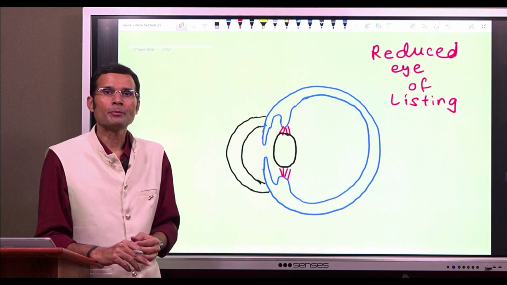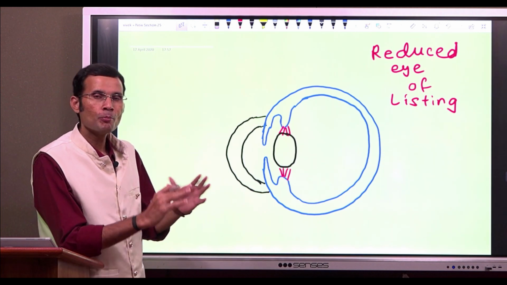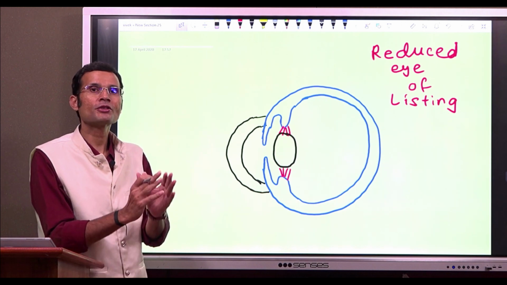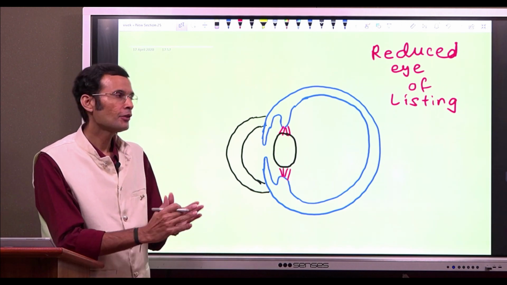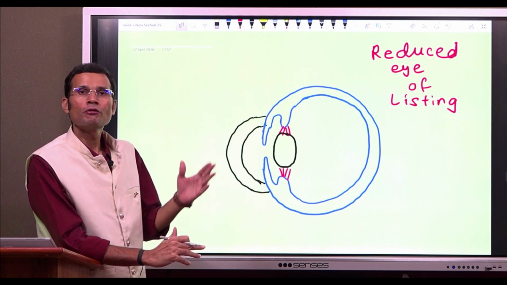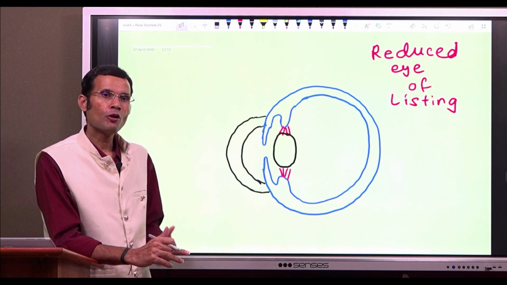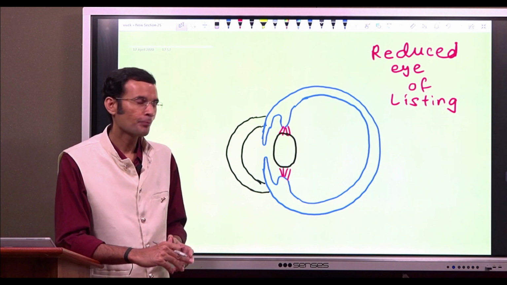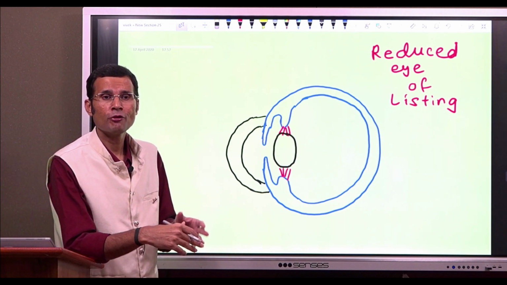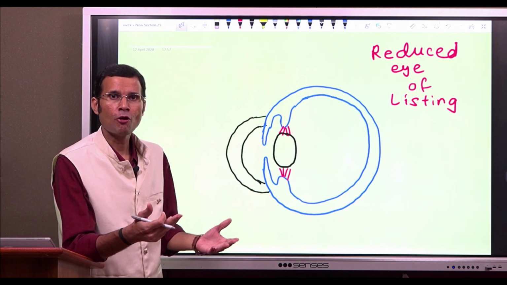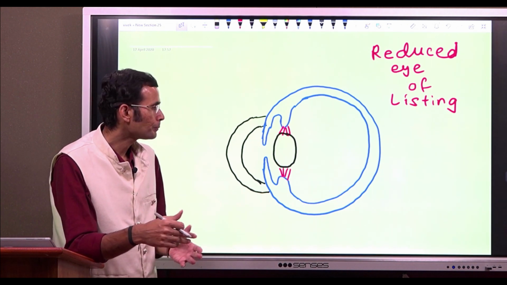Now, what's the concept? The simplified model of the eye or schematic model of the eye is needed for understanding of the errors of refraction and understanding how the image formation does form or does not form on the retina.